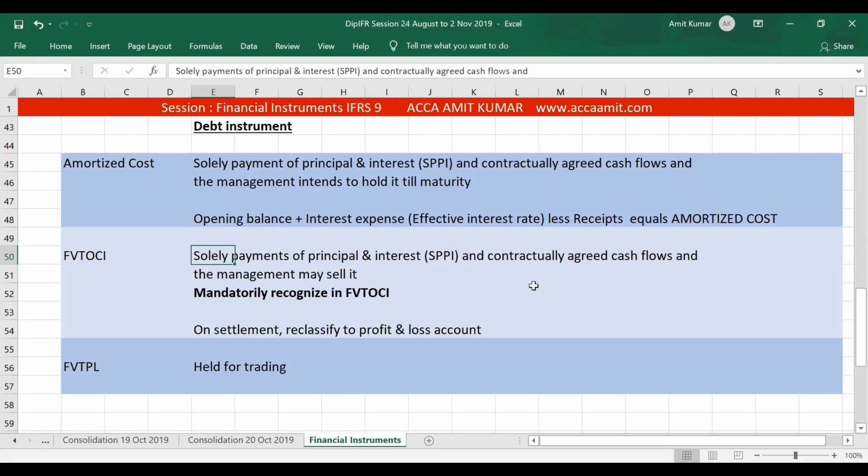relating to the impairment of solely payment of principal and interest item with an intention to sell? Since it is being mandatorily recognized through OCI, but it is subject to impairment simply because the recoverability on this asset is based on contractual agreed cash flow, solely payment of principal and interest, not subject to market risk, predictable.